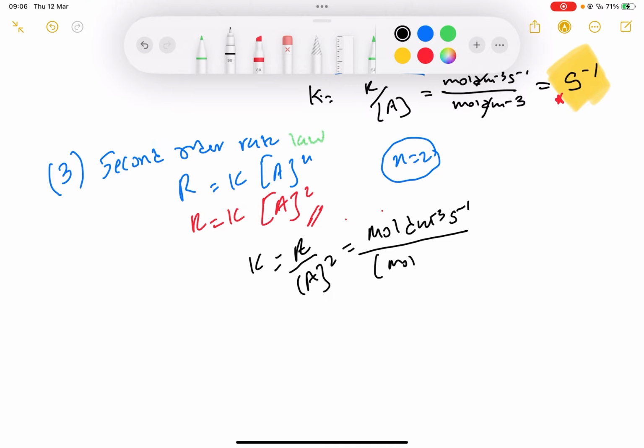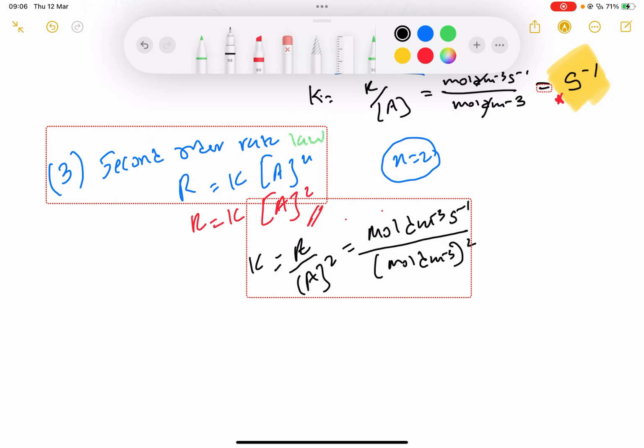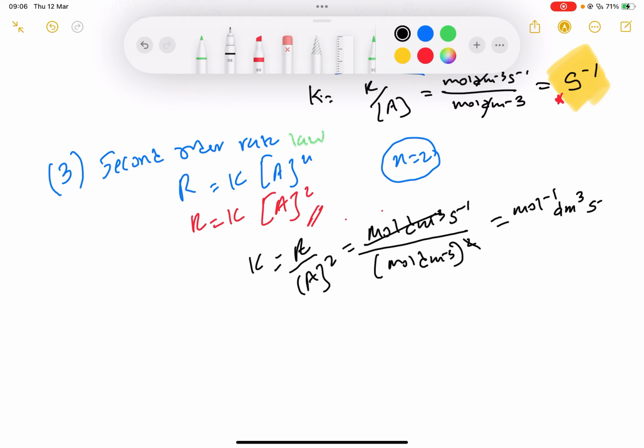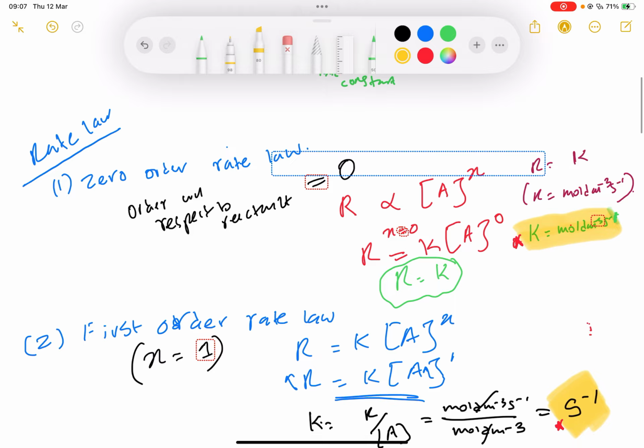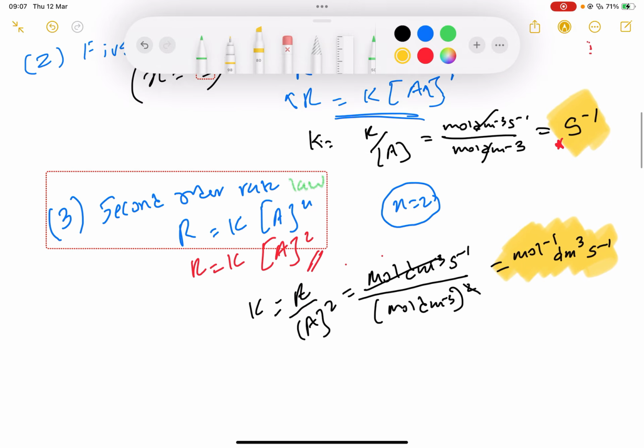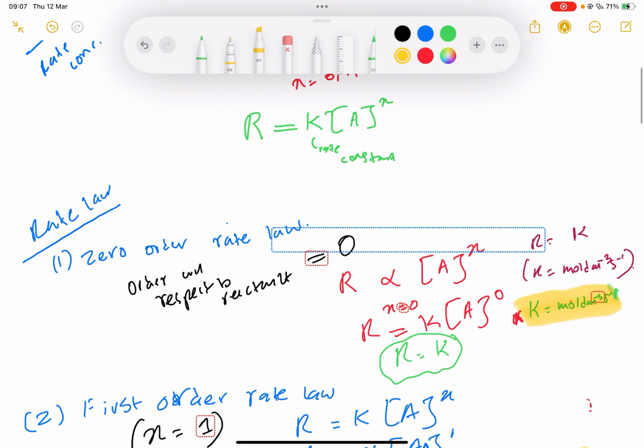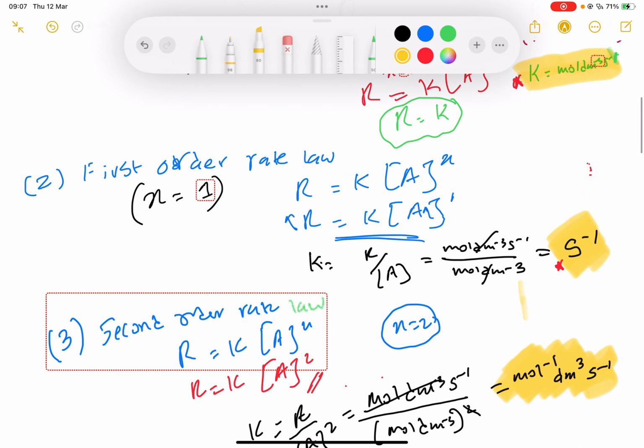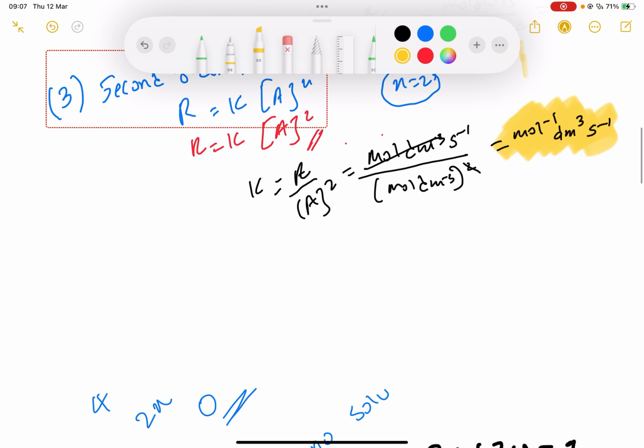A is the concentration, so mole per decimeter cube, squared. Now one of these will get cut and one mole per decimeter cube remains in the denominator. So you take it on top: mole to the power minus 1 decimeter cube per second. So this is the unit of k for a second order reaction. So you can see that from zeroth order reaction, first order, second order, the unit of k is changing. From the unit of k, you can definitely find the order with respect to a reactant.